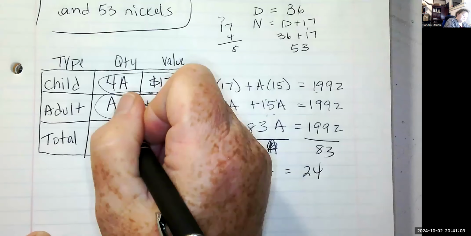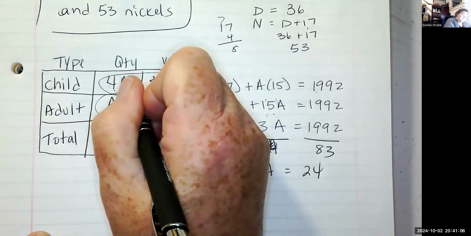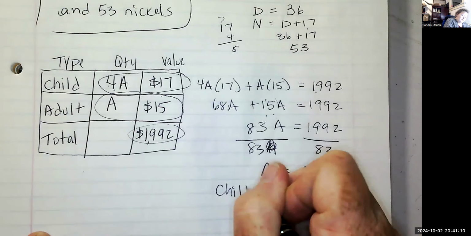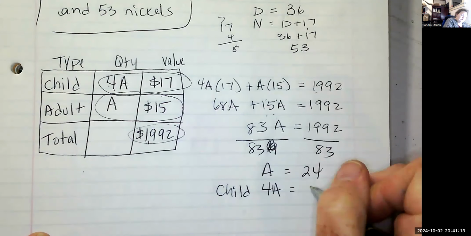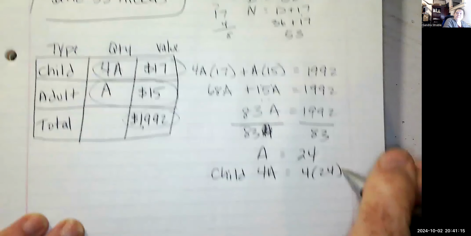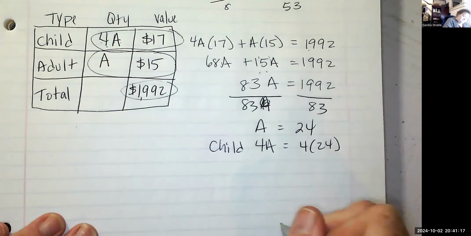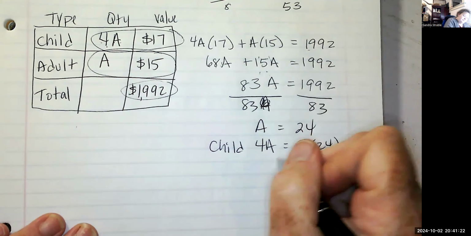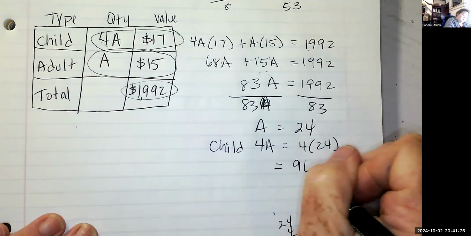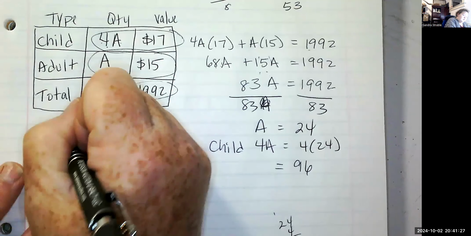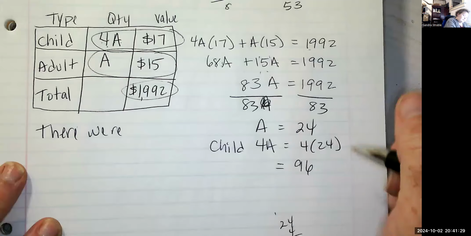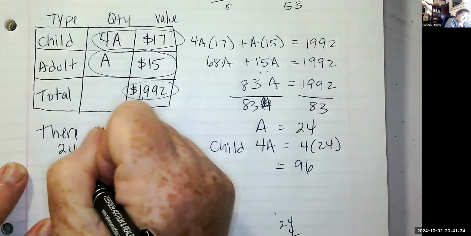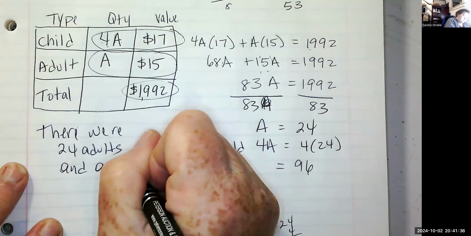So adults is 24, so the children is 4A, which is 4 times 24, 96 children. So there were 24 adults and 96 children.